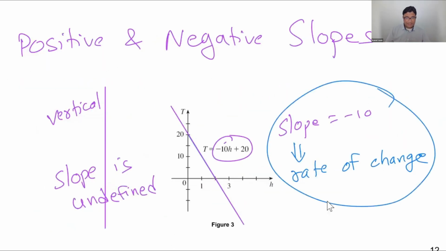Slope of a line is the rate of change. This idea is important because very soon we will be studying not linear functions, but quadratic, cubic, higher degree polynomials, or other functions like trigonometric and logarithmic functions. And there it is not going to be a constant slope.